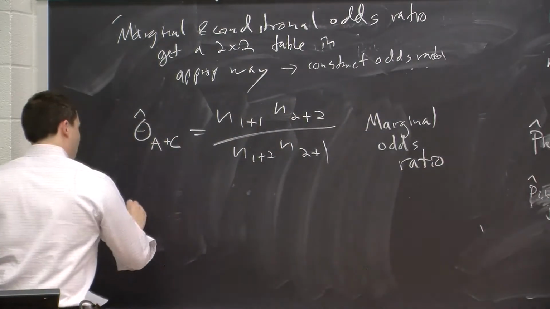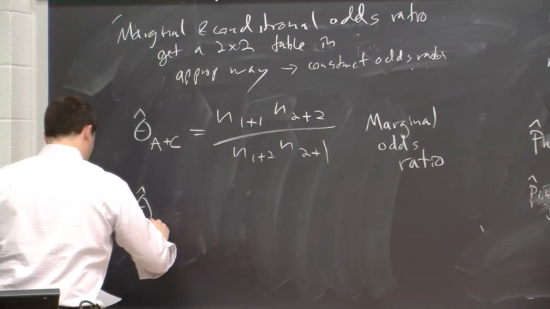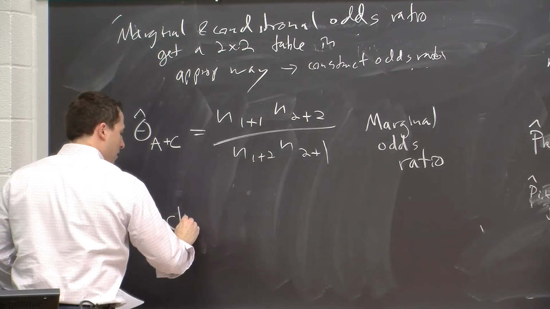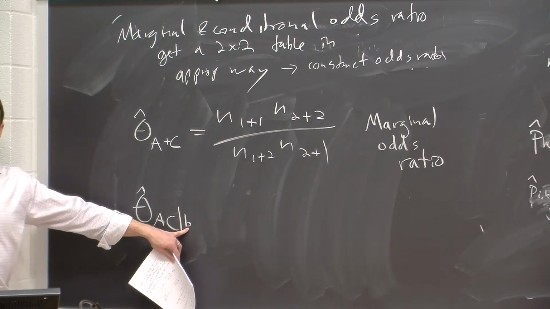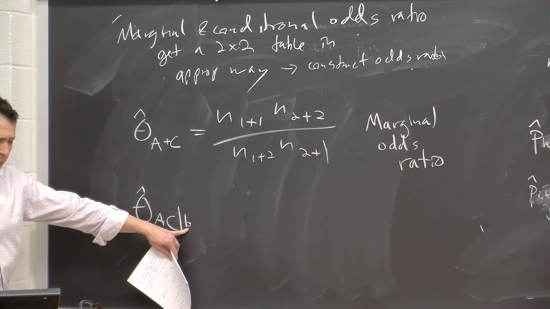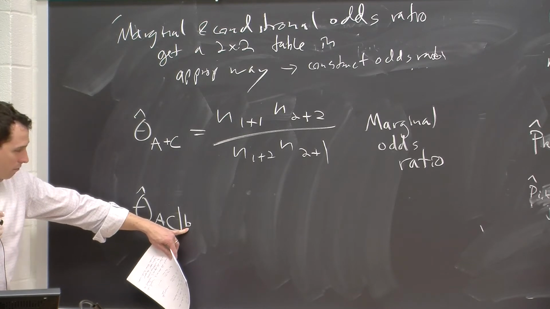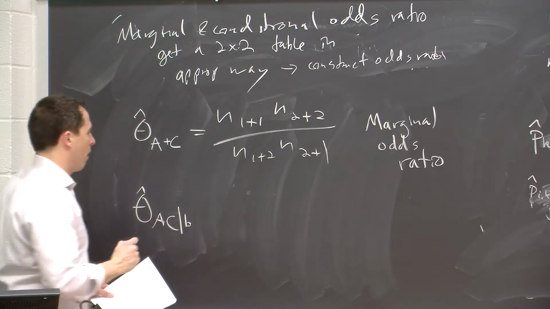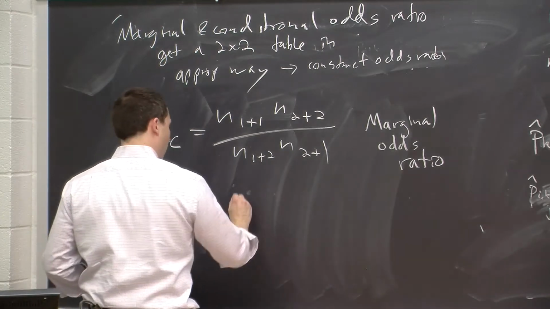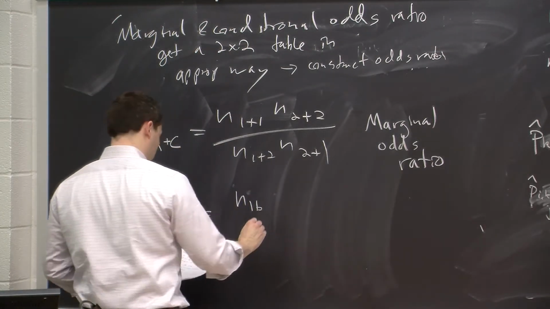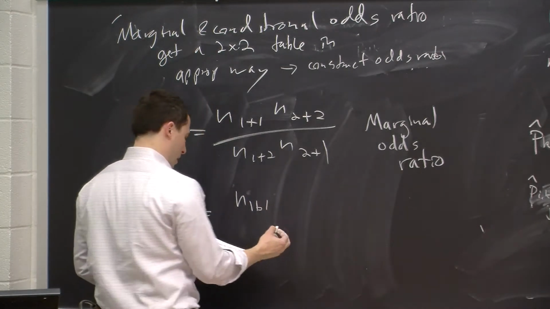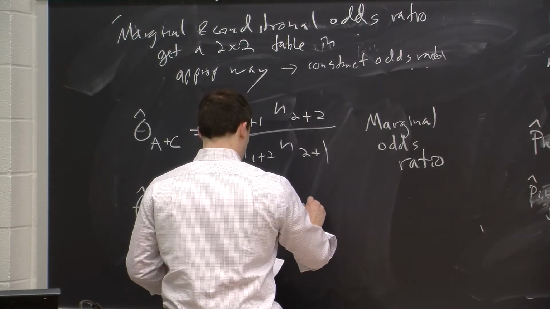And if I wanted a conditional, I would say something like AC given little b, where I'm picking a particular state of the b variable, little b, which is the particular outcome. I'm not saying what it is in particular. There's many of these.